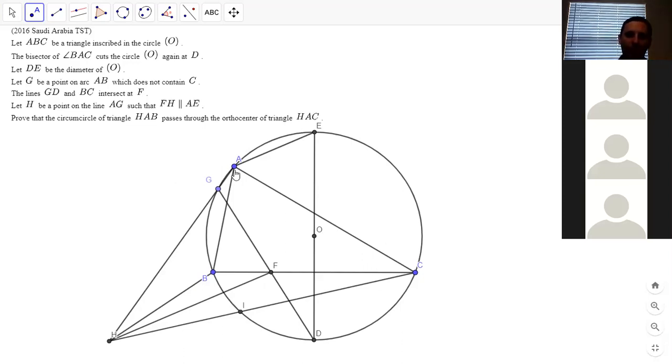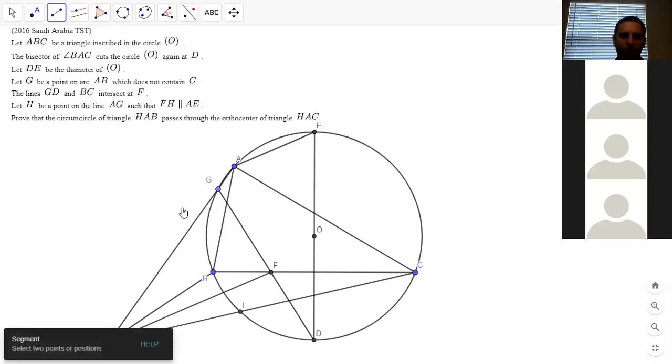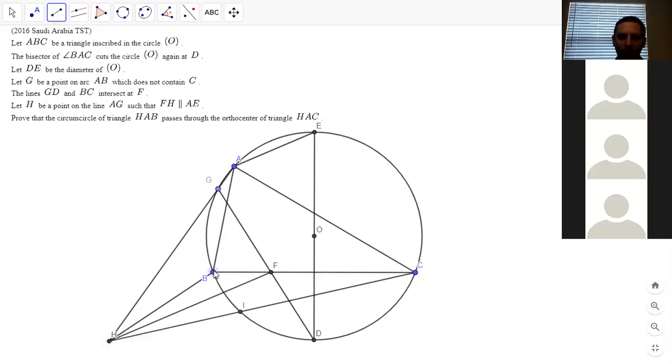I mean, it's also the same as showing angle ABH is ABI, right? So it's kind of like we want to show AB bisects angle HBI.